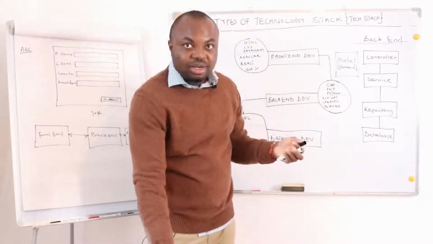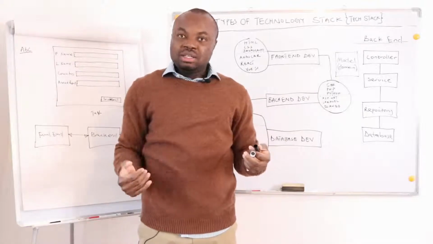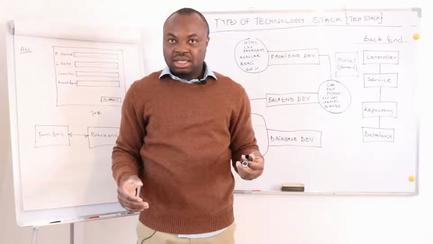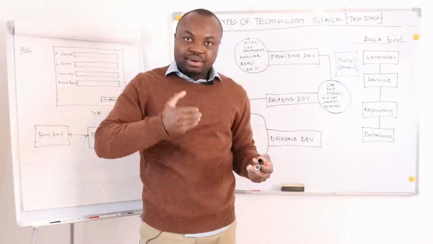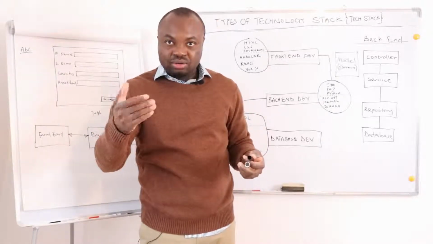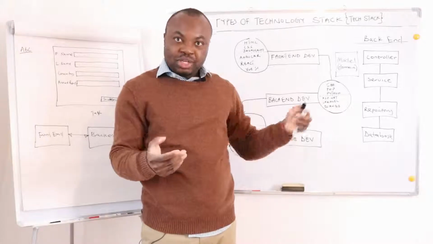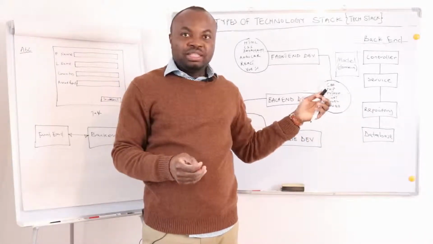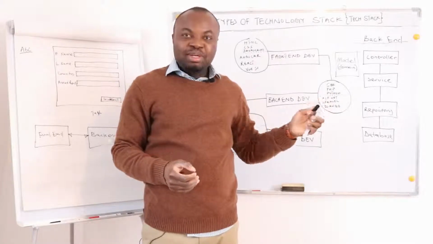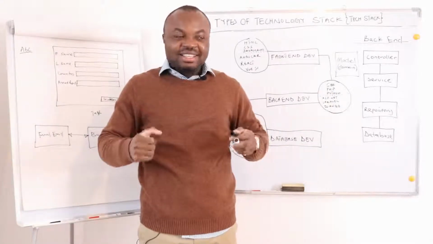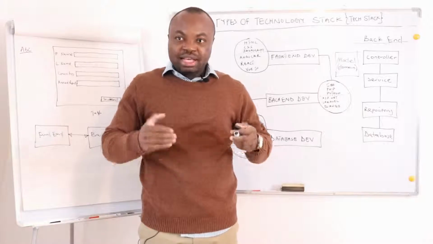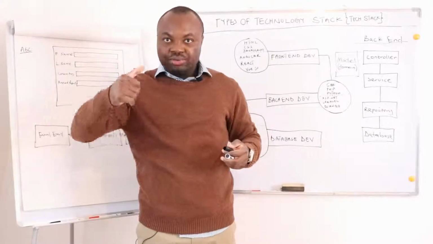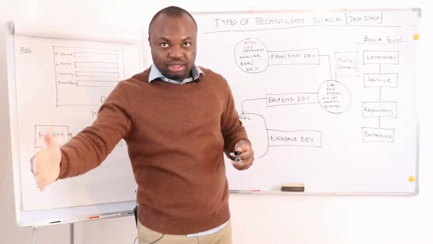Within your backend, we have several models, but the model that represents the physical thing you are talking about is what we call the domain model. When you are doing domain-driven development, your domain model is the heart, the main thing you are modeling, because it is the software representation of your problem domain.